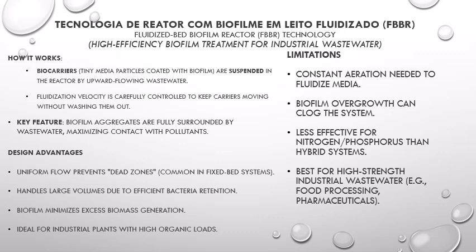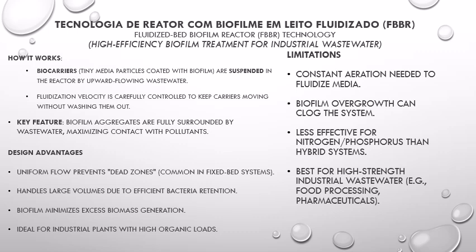Albeit there are some limitations to this, which are as follows. Constant aeration is needed to fluidize the media. This will result in a high operational cost. Biofilm overgrowth can clog the system if the process continues repeatedly.